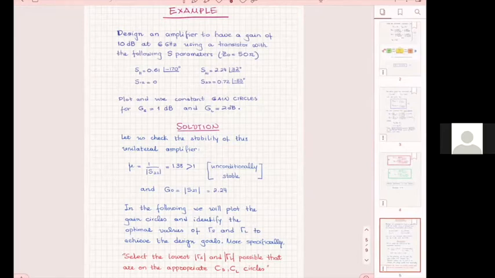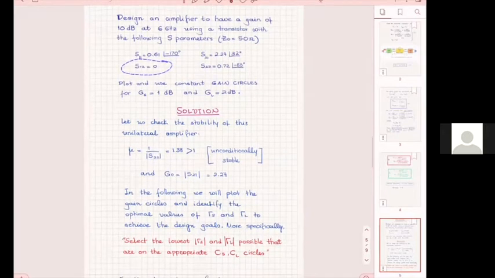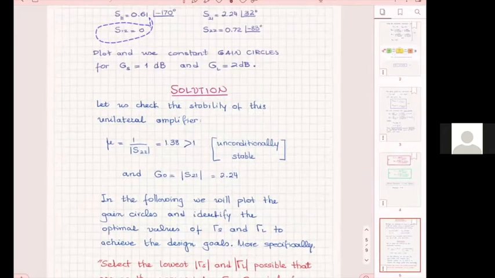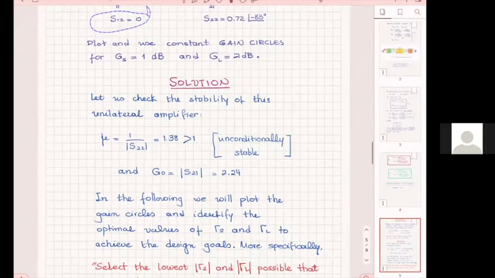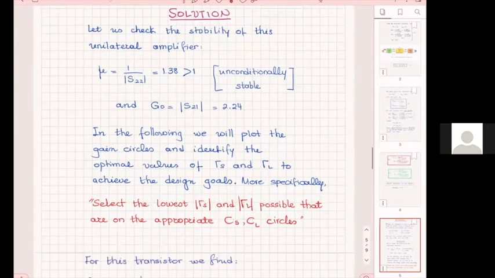The transistor we were given was a unilateral transistor, with S12 equals 0, which makes calculations easier. So from this mu that we have seen in the past, because S12 equals 0, mu becomes larger than 1, and that makes the transistor unconditionally stable, and therefore you can do a good design.